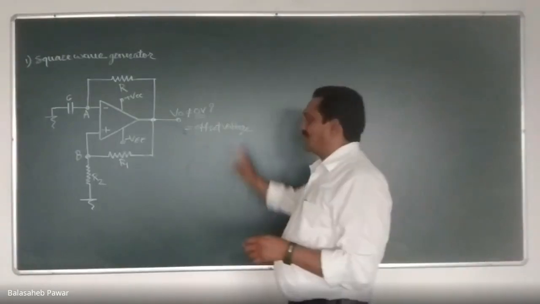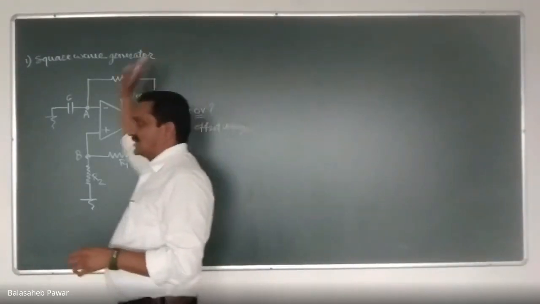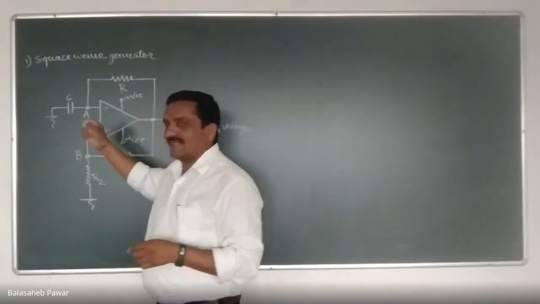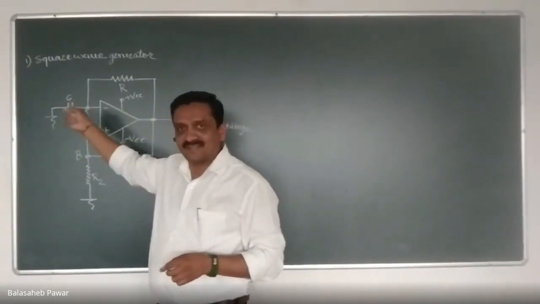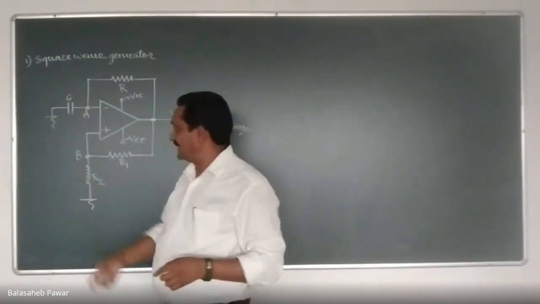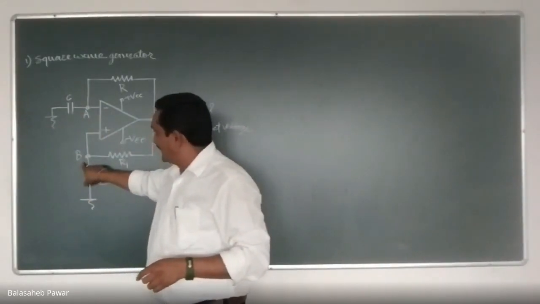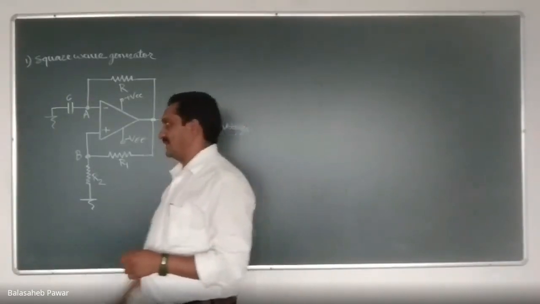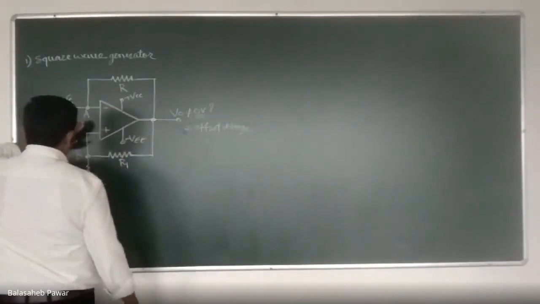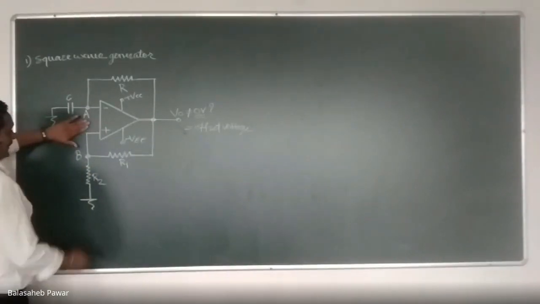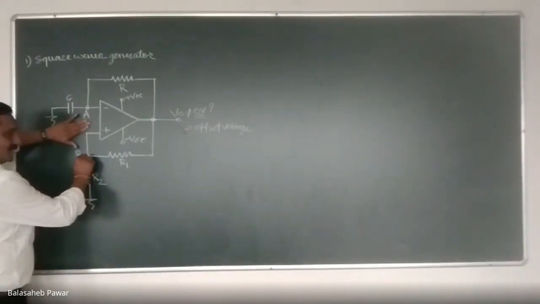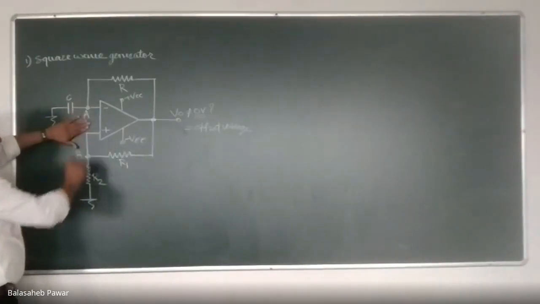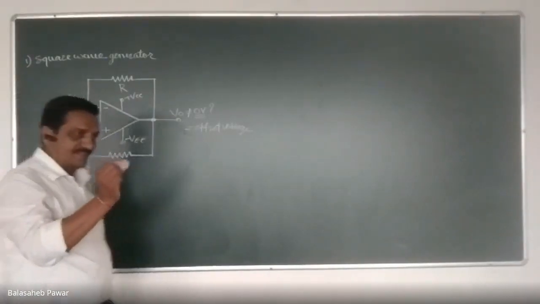Here I will consider that output offset voltage is positive. That means A will be exactly at 0 volts, because the capacitor is discharged, it acts as an open circuit. At node B, there will be somewhat positive, very, very small positive DC voltage available. So the differential voltage will be that small millivolt signal minus voltage at A, which is 0. So that differential voltage also will be very, very small.